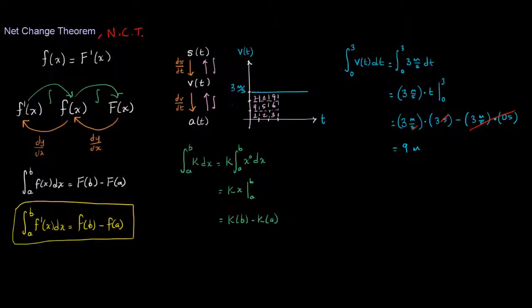In mathematics this would be 9 units squared, but we have a context here. These 9 meters represent how many meters this particle moved between the second 0 and the third second with this constant velocity.